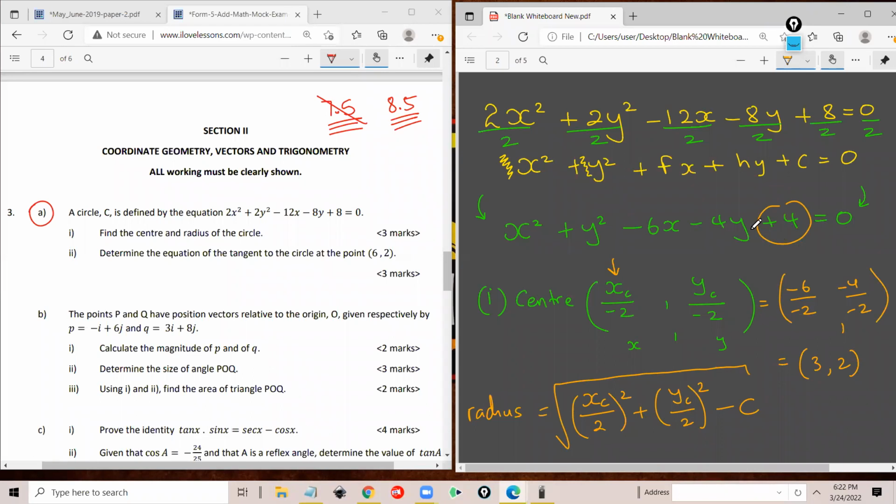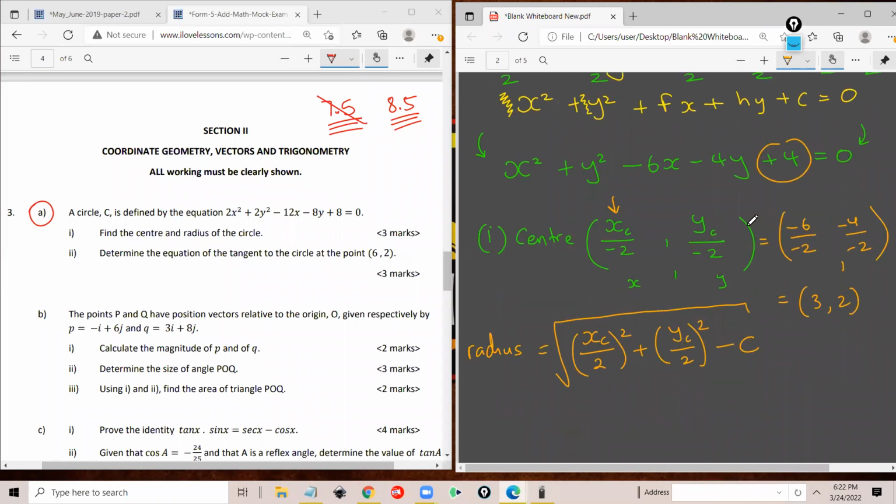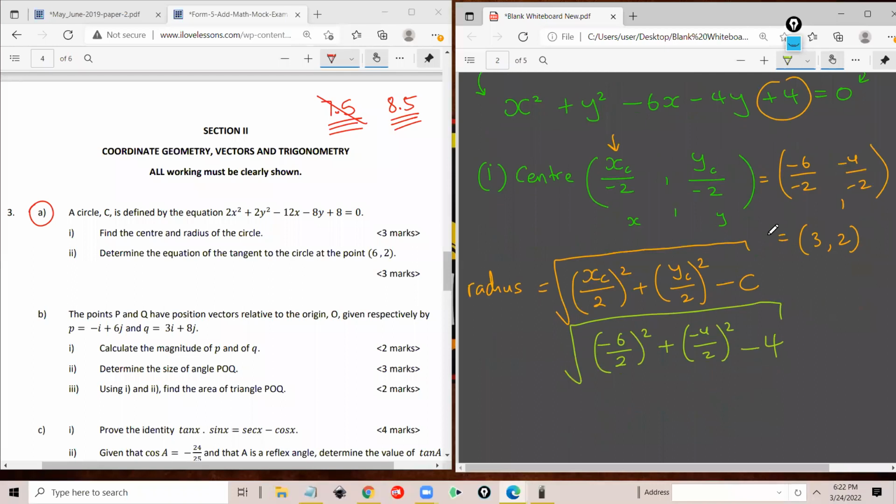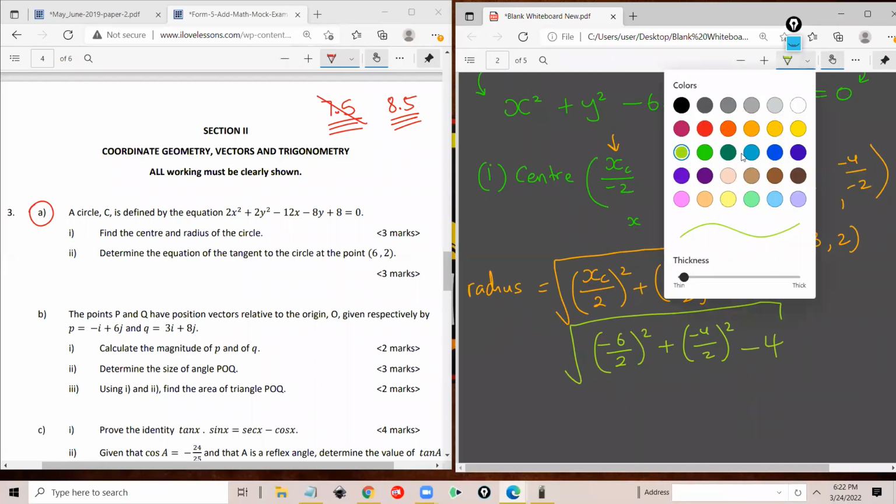So a lot of people are saying that the radius is 3. I haven't worked it out as yet. Let me see. Minus 6 divided by 2 squared plus minus 4 divided by 2 squared minus how much? 4. Not a lot of space on the screen here to work.